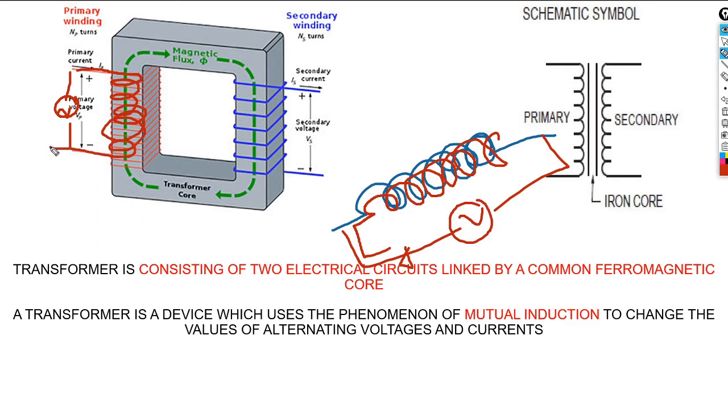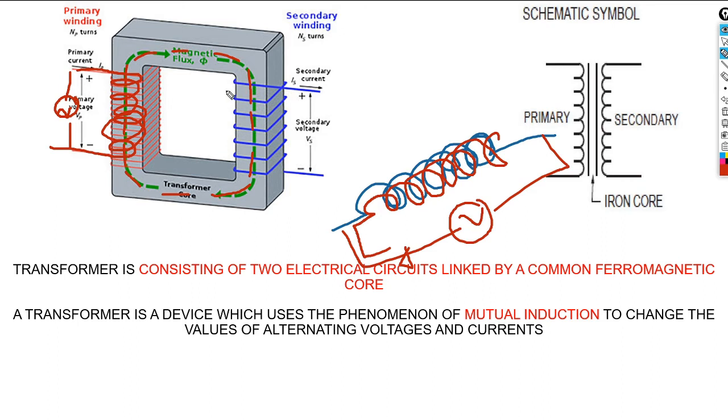There will be a flux induced in our ferromagnetic core. So this flux will be a mutual flux, whereby the second side, which is a conductor, will cut that flux. And once the conductor cuts the flux, there will be an induced EMF across it.